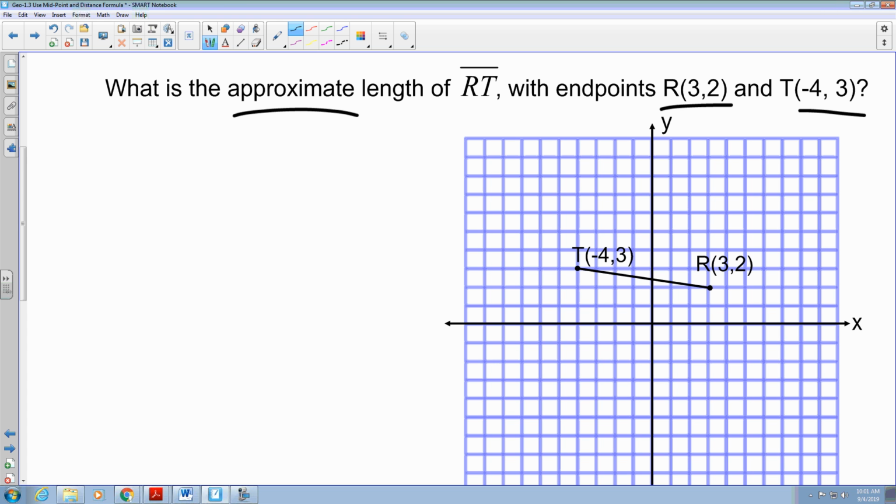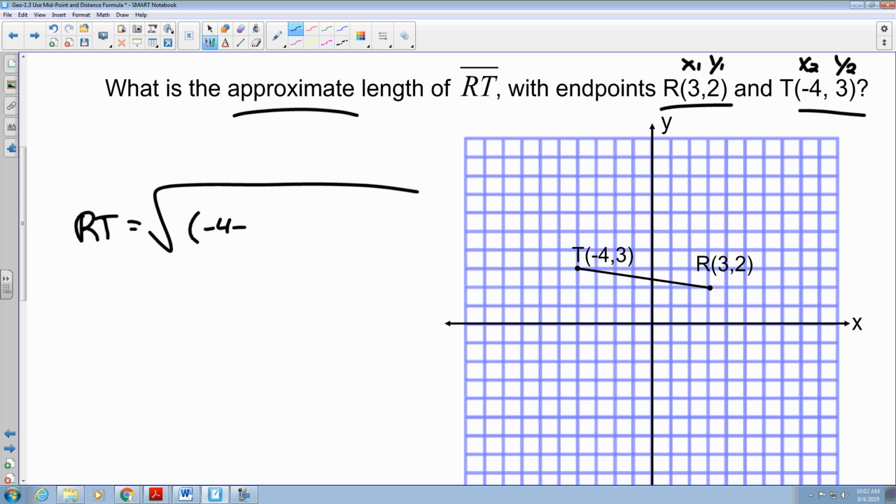So I'm just going to say, this is my x1, y1, x2, y2, and I simply plug it into the formula. RT is going to equal the square root of the difference of x, so negative 4 minus 3 squared, plus y, which is 3 minus 2 squared.